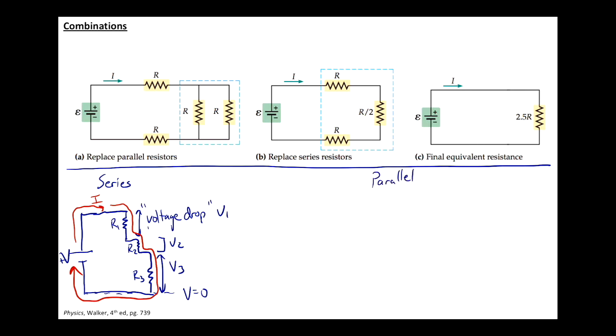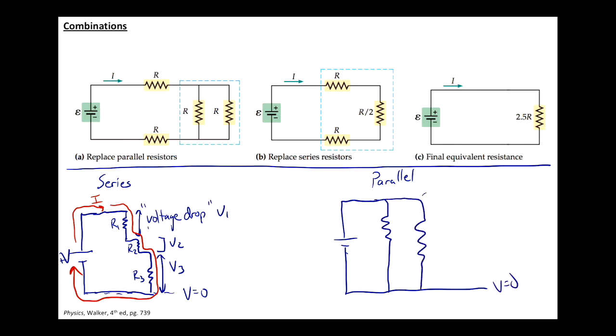The parallel circuit, and we're going to use this height metaphor once again. So we'll go up to this level. We'll say down here is V equals 0. And now we're going to just draw all the resistors like this. It really doesn't matter what the individual resistances are.